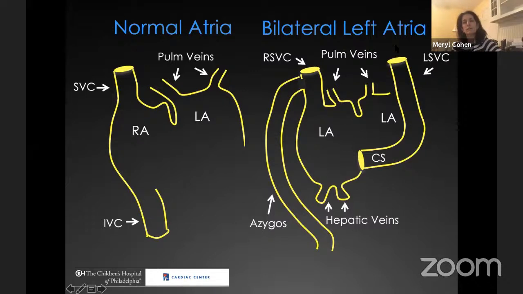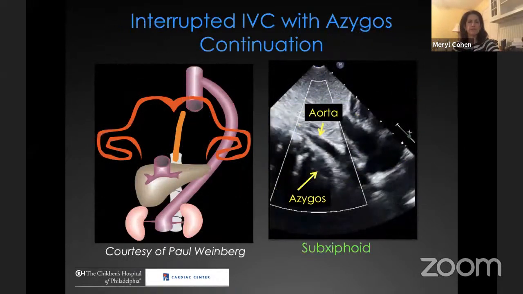And because it's bilateral left atria, you will have the left superior vena cava entering into the coronary sinus, and the hepatic veins drain directly into the right-sided left atrium. And so this is not, again, a full picture for every patient, but when you see these findings, you should think of bilateral left-sidedness or left isomerism.